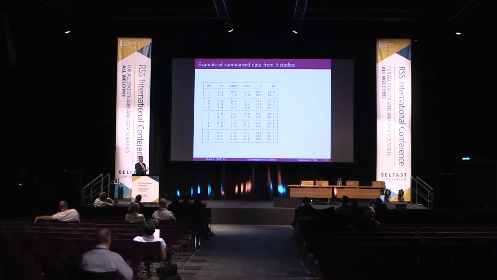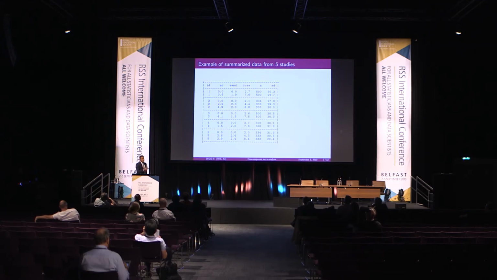So this will be the Y, the outcome variable. We have differences in means, we have standard errors, and then the dose being compared. And there's also some additional information like the sample size and the standard deviation of the response variable. So this is a typical structure of the data.